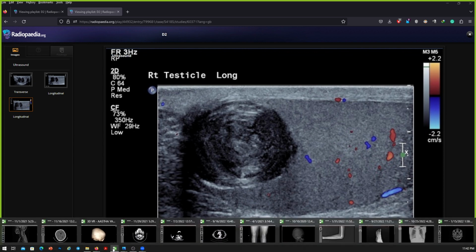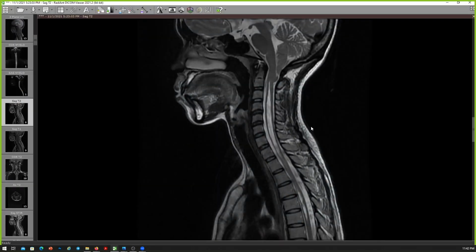I will show you the last case for you today, and this is a straightforward simple case. Please describe the findings quickly. Okay, so this is the sagittal T2 sequence of the cervical spine MRI, showing first evidence of tonsillar herniation below the foramen magnum, in addition to herniation and elongation of the medulla, crowding the craniocervical junction.